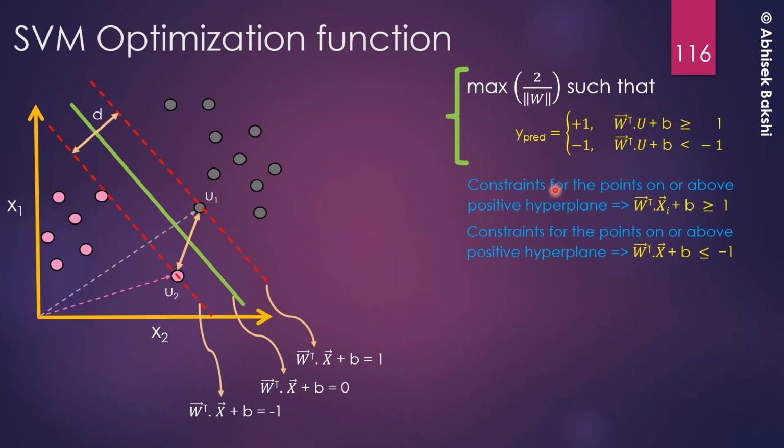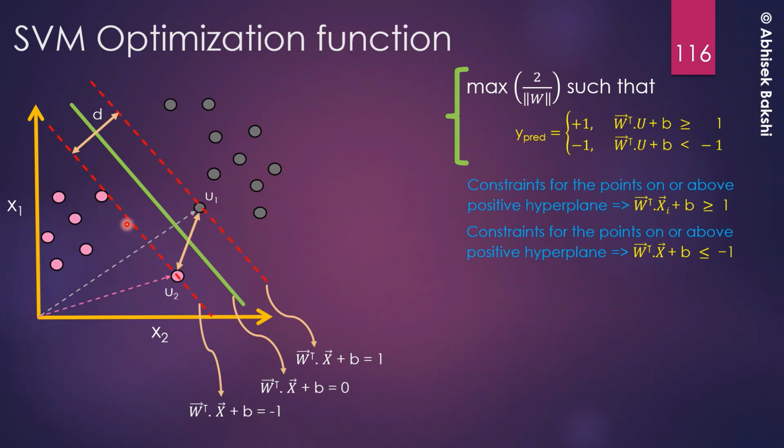Okay, so this is written here. The constraint for the points on or above the positive hyperplane is this. The constraint for points on or below, sorry, it should be the negative hyperplane. The negative hyperplane should be this. I'm sorry, it should be less than or equal to. It's written as less here, but it should be less than or equal to, because a point can be on the line. It's not mandatory that in this particular hyperplane or straight line, whatever you call it, you will have only one point available.